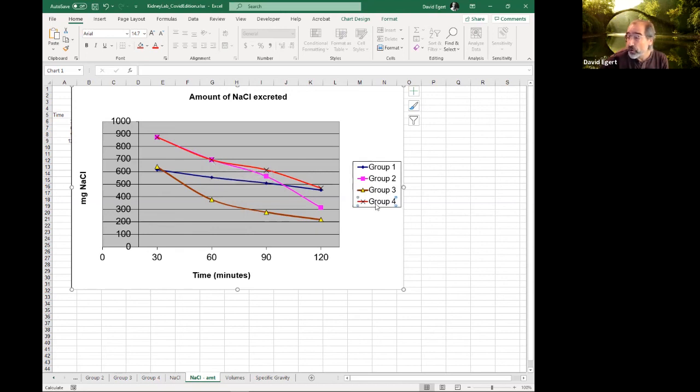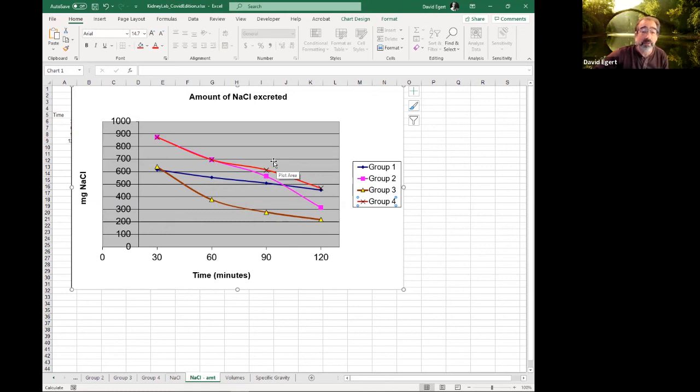And then group 4, the caffeine group, this is something that is pretty reliably, I've done this for 20 years. Caffeine does seem to cause more salt to leave the body than just drinking pure water.